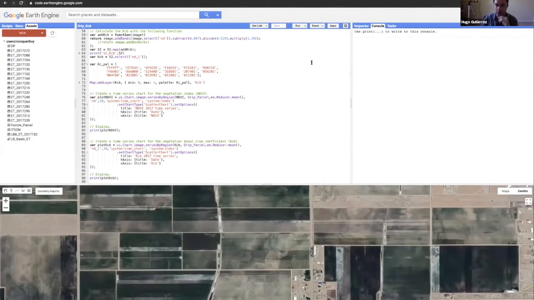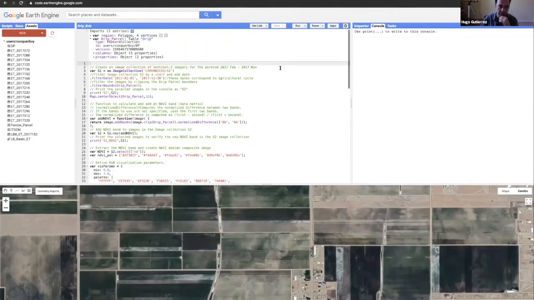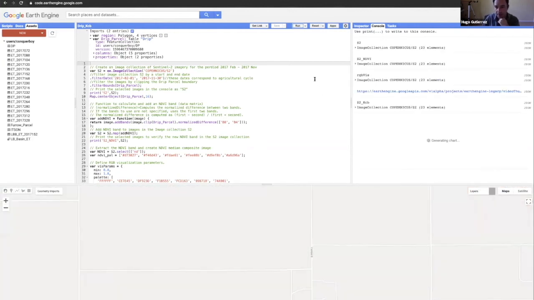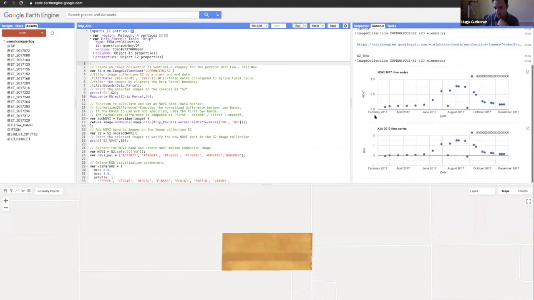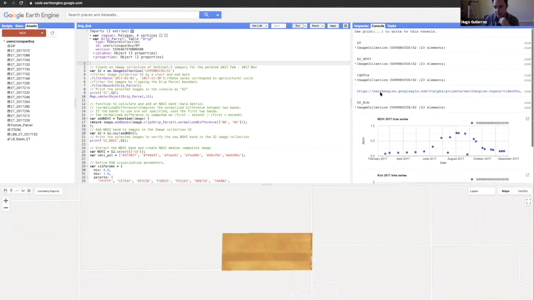This is an example of the Google Earth Engine editor and the script that they will be coming up with at the end after following all of those directions. And if we run it, we will see that we will be actually getting the data sets, different kinds of data sets, and even some products where they will be able to see how the evapotranspiration or the vegetation indices change over a crop area.